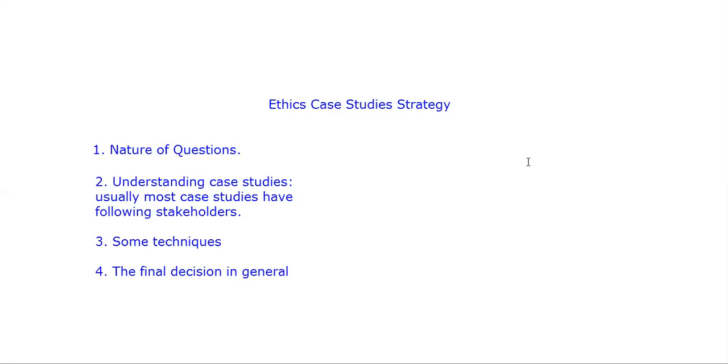So whatever theories we have learned in the first part, whether it is ethics, values, or work culture, everything is applicable in the second part. I'll be very objective, to the point, to make you understand where to catch hold of the neck of the case studies and how to write the answers effectively and efficiently.